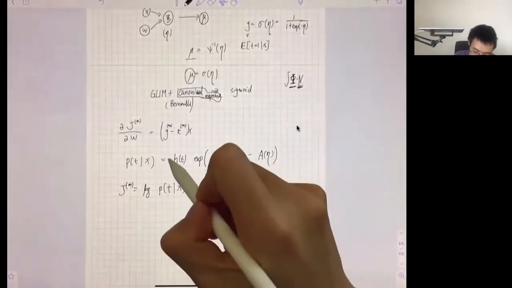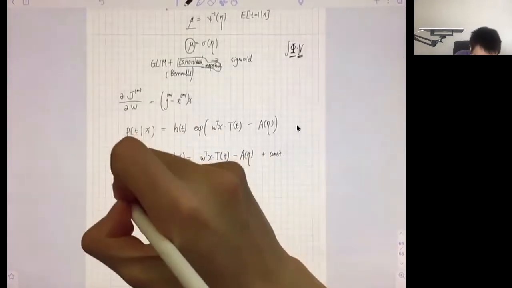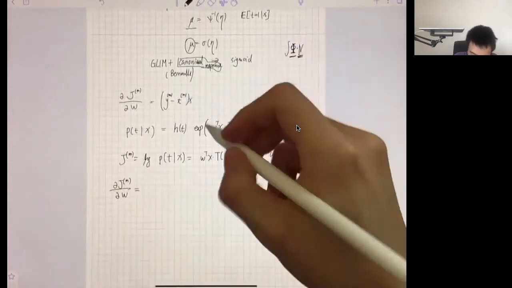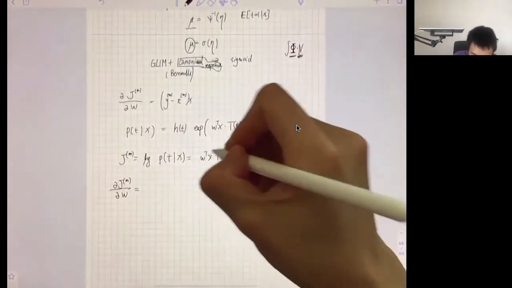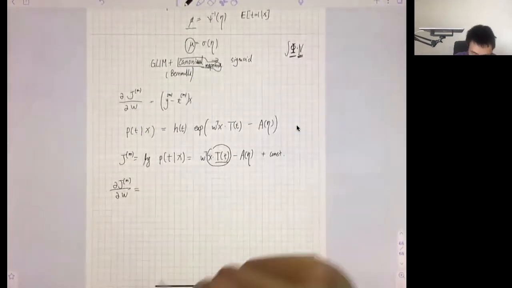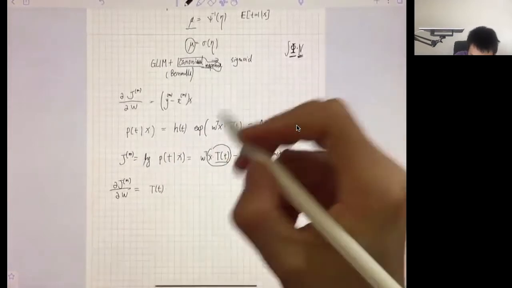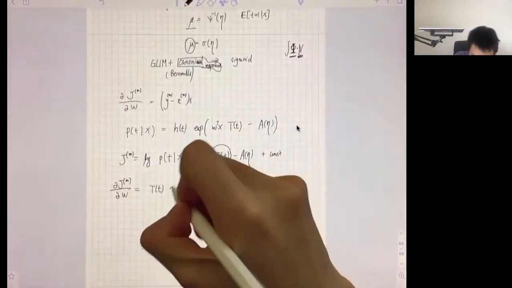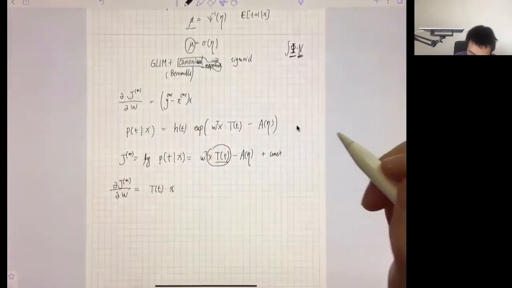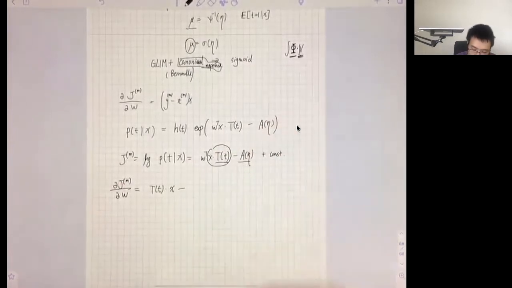The constant term should be log h of t, but it doesn't matter. So now I will compute the partial derivative of J with respect to W, okay? So this is the inner product. You can think of this as a vector, because T of t is just a constant, okay? So for this term, it just gives me T of t times x. Okay, and for this term, minus, okay.